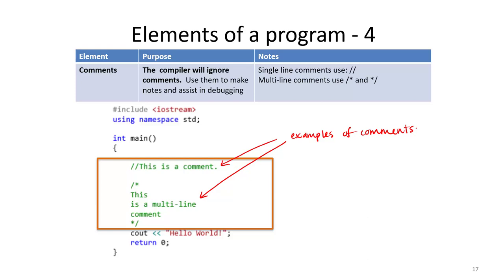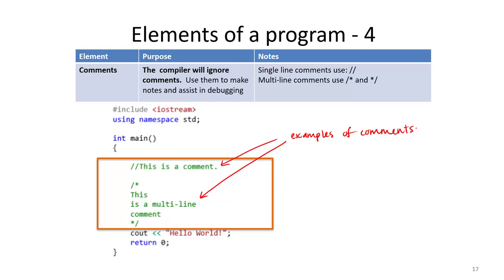Comments are very important. Programmers use comments to make notes and add annotations to programs. You can imagine if you have a program with thousands of lines of code, it can be very helpful to see comments to remind you what each part of the program does. Later in the class, we'll talk about more situations when you absolutely want to include comments in your code.